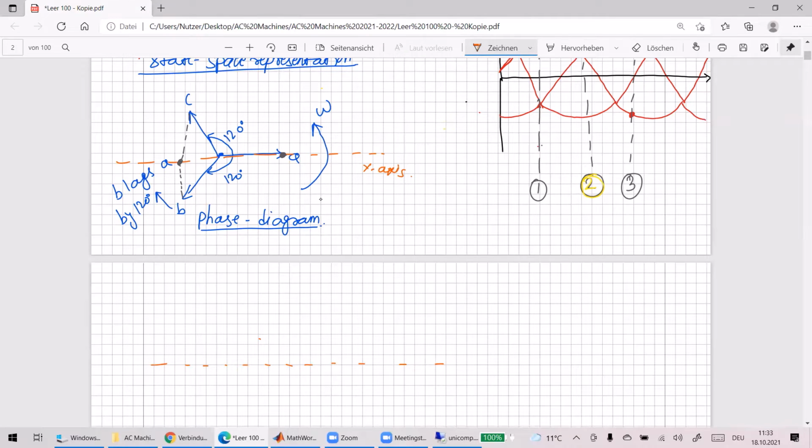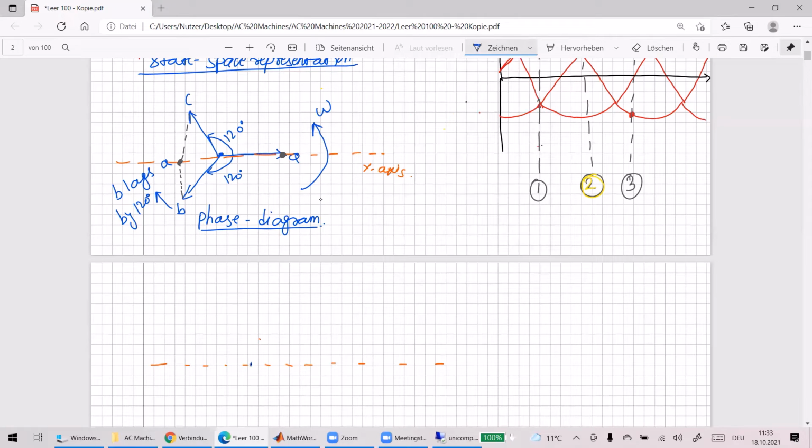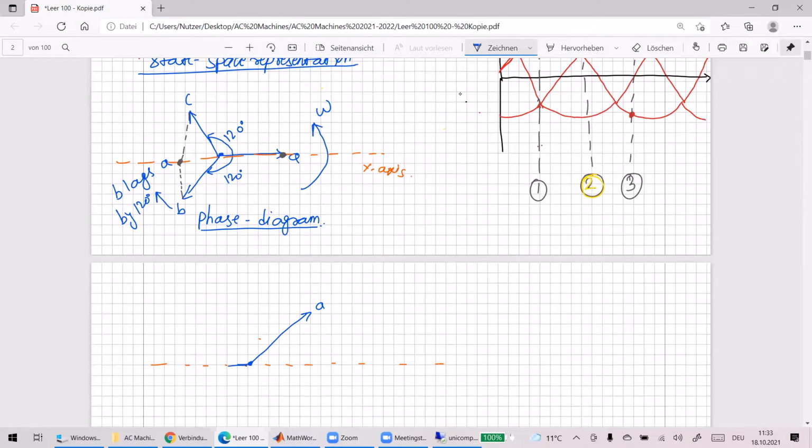Let's rotate this whole phasor diagram by 60 degrees. So the A will be here. It's not 60, it's less than 60. So A will be here. And probably B will not be there. Yes, the C will be here, and then the B will be here.